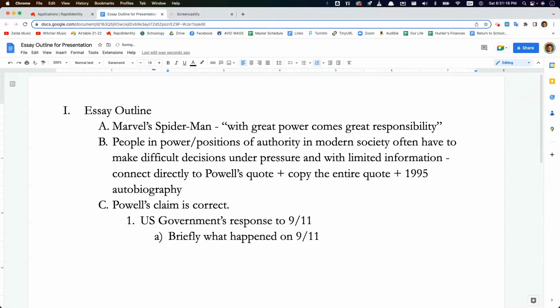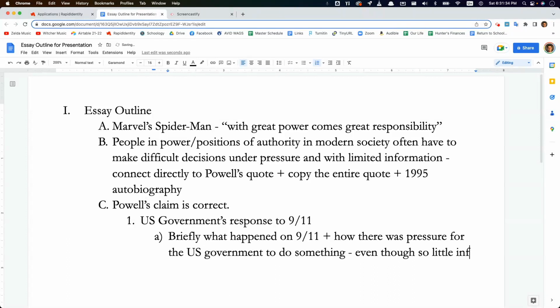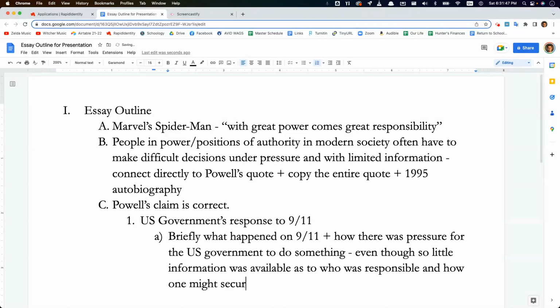And then, so briefly what happened, and then I would want to go into how there was pressure for the U.S. government to do something, even though so little information was available as to who was responsible and how one might secure justice.